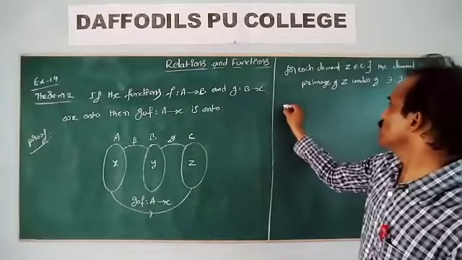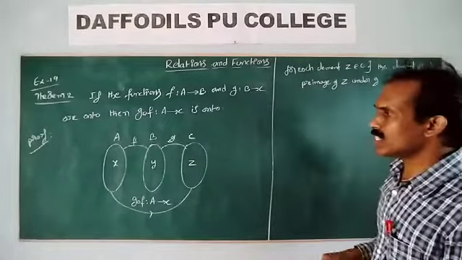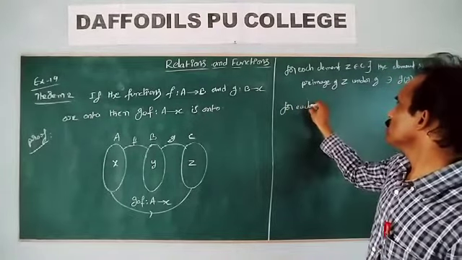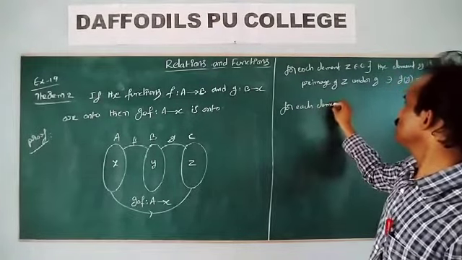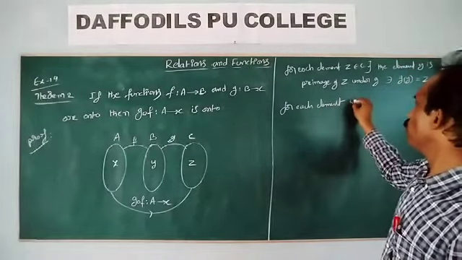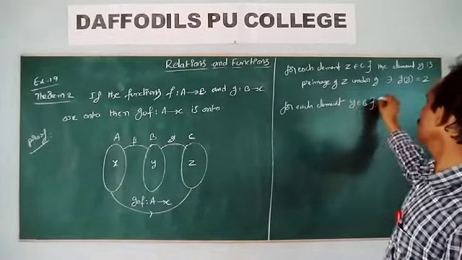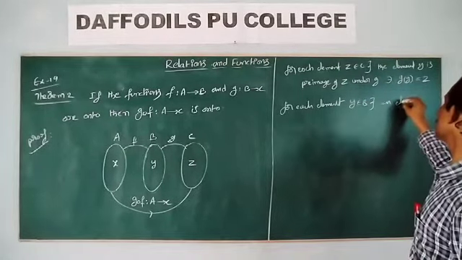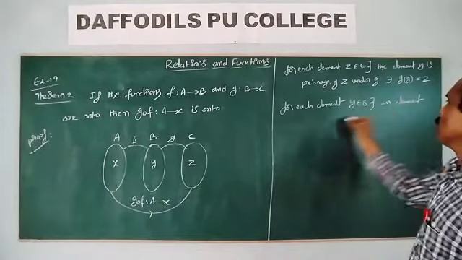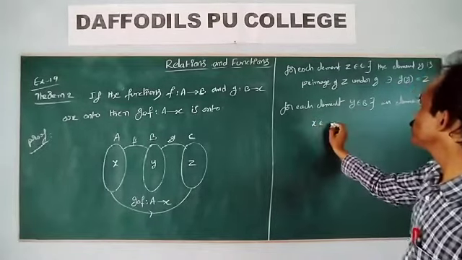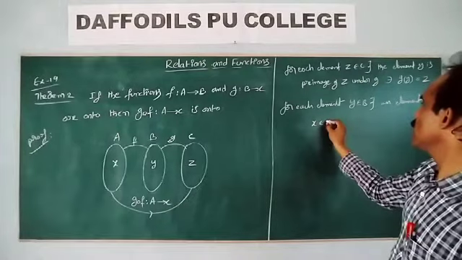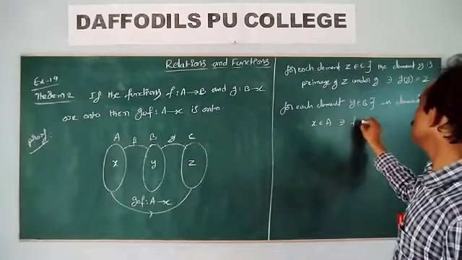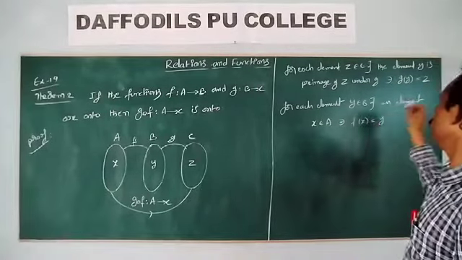Next, for the function f, same as that. For each element y belongs to B, there exists an element x belongs to A such that f of x is equal to y.